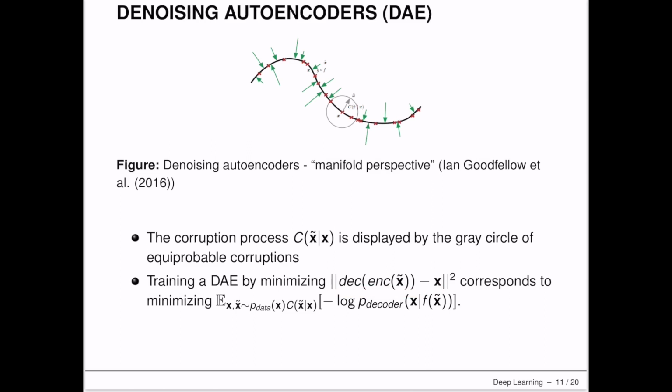And as we said before, minimizing the mean squared error is the same as maximizing the likelihood of a Gaussian distribution with mean of the reconstruction.